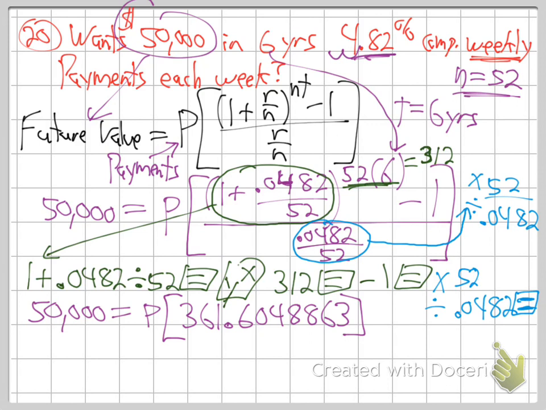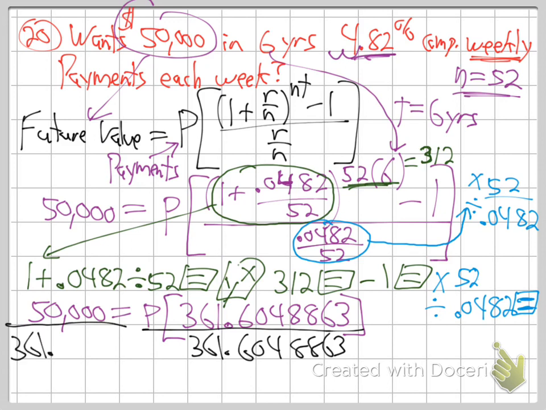So that whole bracket number becomes that. And how do we finish solving for P? Divide both sides by that big old 361.6048863, or you could just use the answer button if you have one on your calculator.